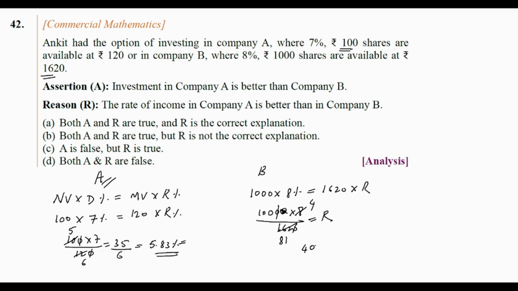You get 400 divided by 81 is equal to R. So 400 divided by 81, if you do, you will get 4.93 something. So this company B is giving less return and company A is giving more return. Clear? So investment in company A is better than company B. Yes, true. The rate of income in company A is better than company B. Both of them are true. Clear, children? So what is my answer for the 42nd one now?